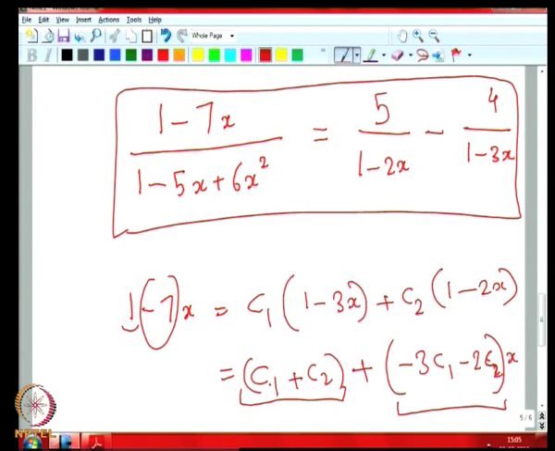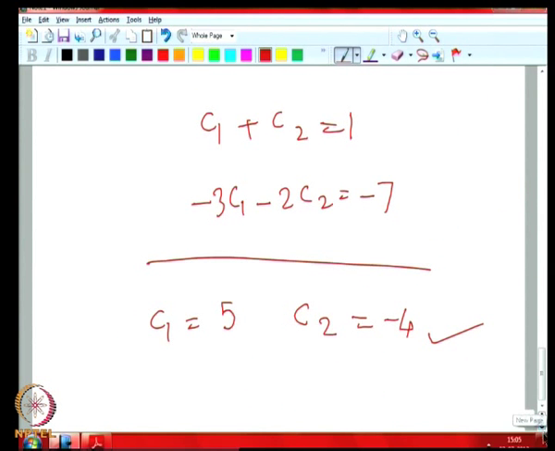Now we know this is our generating function, 5 by 1 minus 2x minus 4 by 1 minus 3x.